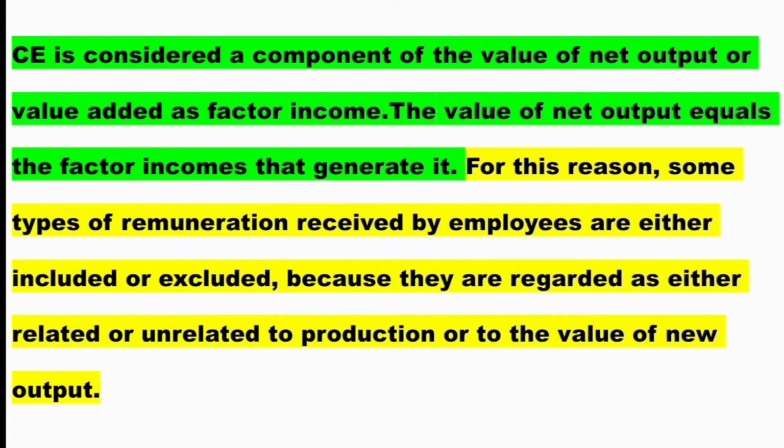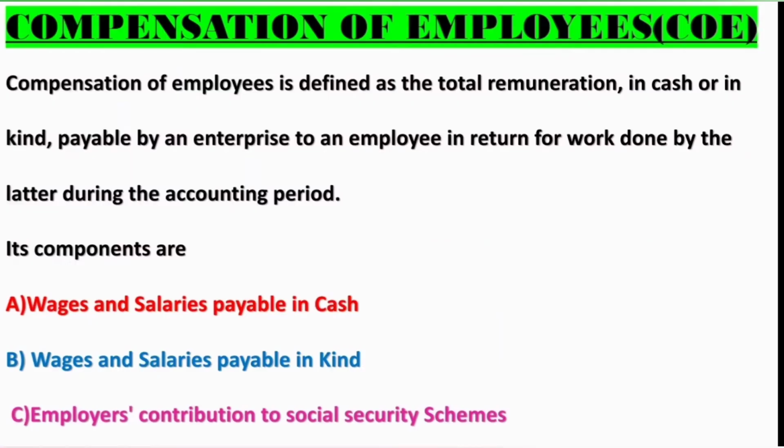While calculating national income, we take the value of only the final goods and services produced in that particular accounting year. We never take the value of the goods and services produced in another year, the previous year, or the years before. That means we take the value of only the final goods and services, that is the new goods and services produced in that accounting year.